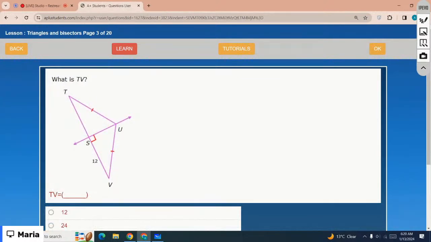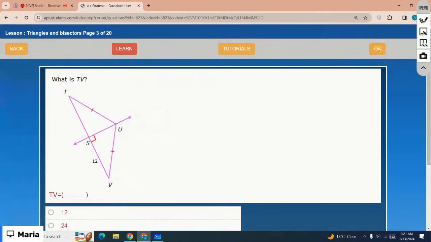What is TV? Which is the correct option? You can see UT and UV are equidistant, right? That means U is exactly halfway from T and V, and US is the perpendicular bisector on TV.